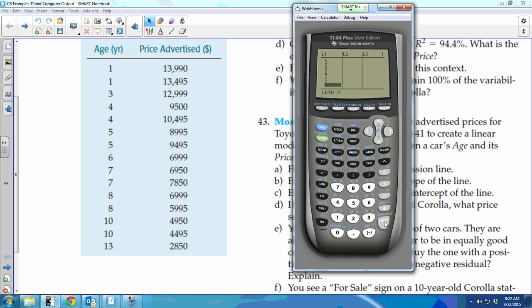This takes me a lot longer up here, I apologize. There's 15 values in each list.